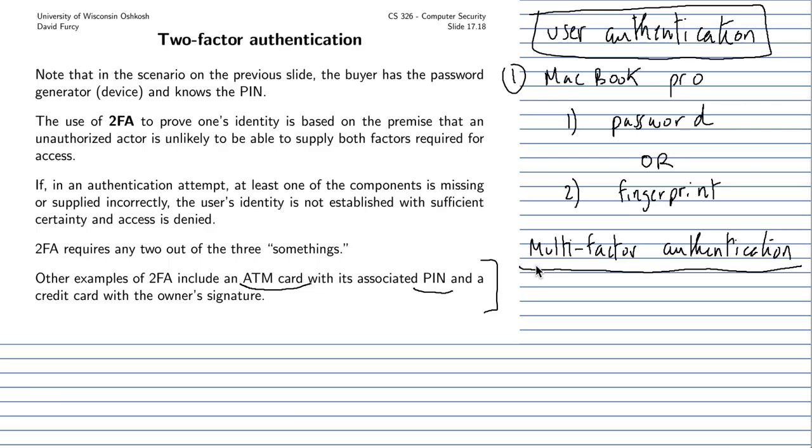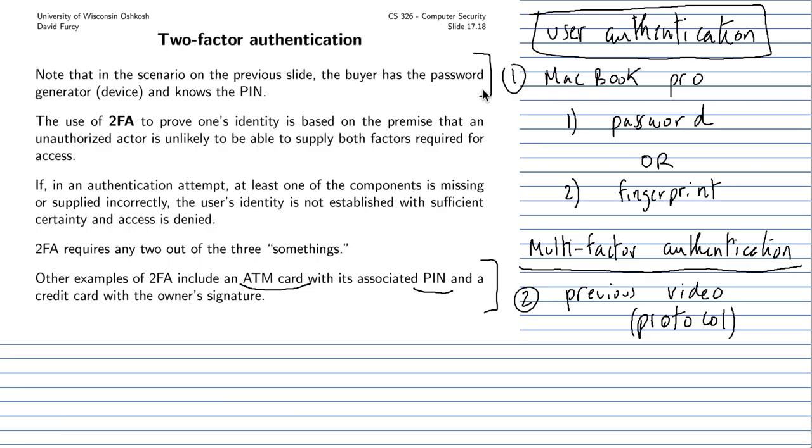Notice that the protocol that we discussed in the previous video as the example of the challenge response protocol was also a multi-factor authentication protocol, because in that example, if you remember, the user both had to own the password generator device and present his or her PIN to authenticate themselves to that device.